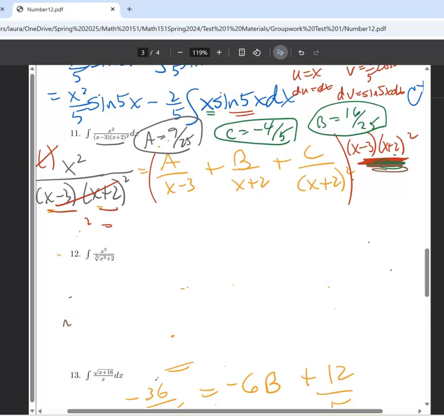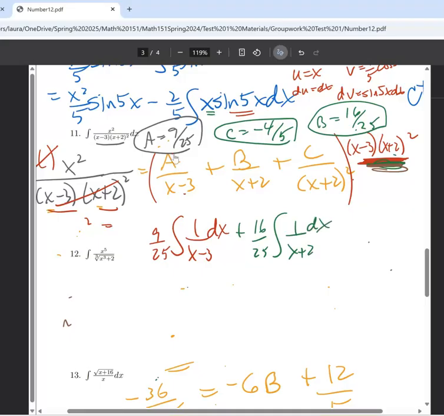Okay, so A is 9 over 25. So 9 over 25. And I'm even going to pull it outside and make separate integrals right away. B is 16 over 25. This one right here, right? So I'd have 16 over 25, 1 over x plus 2.